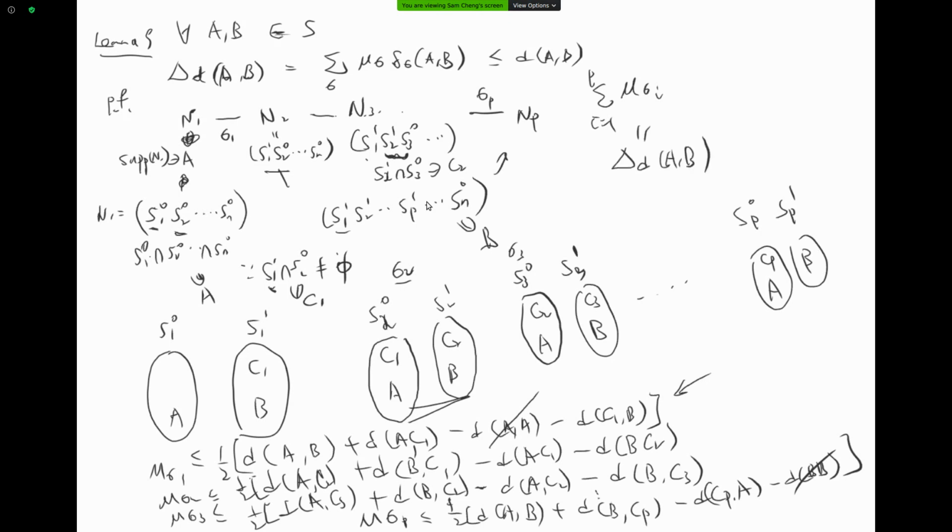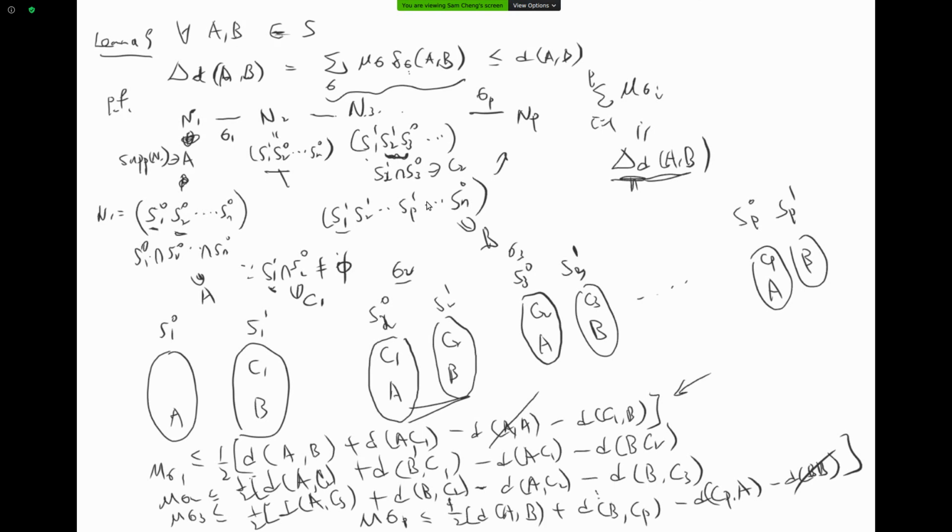Because delta d AB is the sum from A to B over whenever the sigma separates A and B, and all the sigma that separate A and B are basically sigma 1 up to sigma P. So therefore this is exactly equal to delta d here.